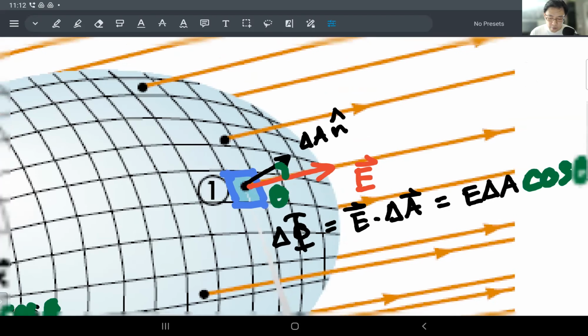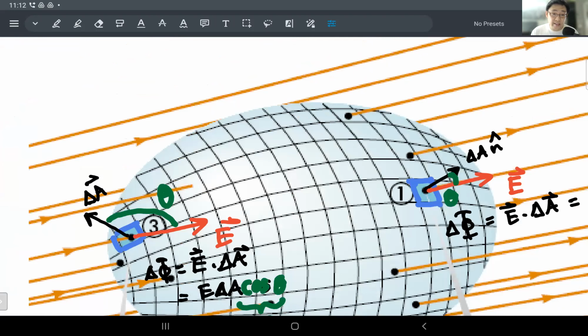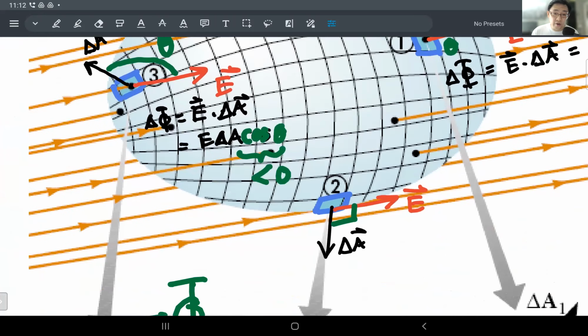On the other hand, when you have a negative flux, it means something is trying to get inside that volume. And when you have zero flux, it's just not doing anything, it's just piercing by. It's not entering, it's not exiting.